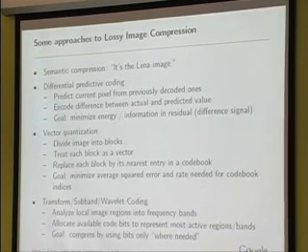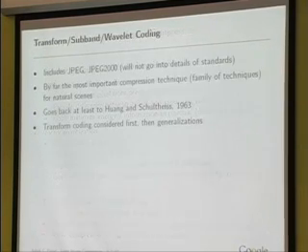Here the idea is that we'd like to allocate the bits to the spectral and spatial regions where they're really needed. This family of techniques includes JPEG, JPEG 2000, or at least the wavelet coding part of JPEG 2000. And it's not my goal in this talk to go into the details of these standards, but I will cover the principles behind these standards.